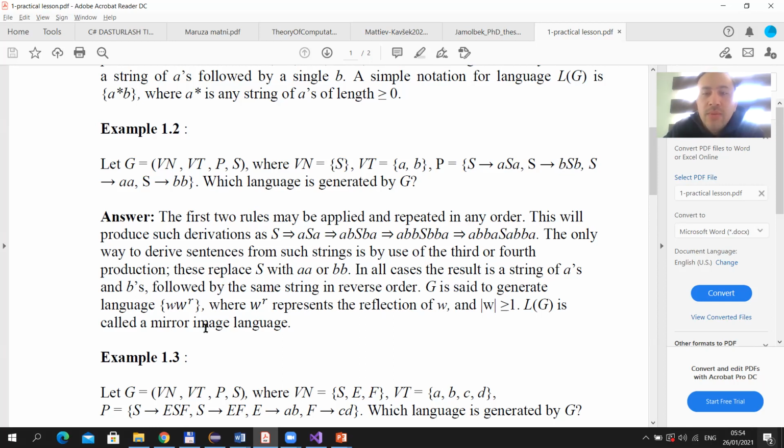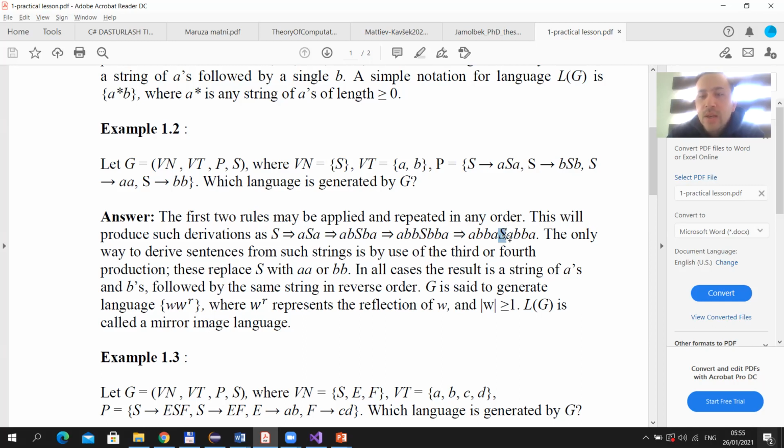So at home, if you want, you can also make other sentences. We have 4 rules, and we tried to consider all the combinations, ASA and BSB, and then at the end we can finish with, for example, AA or BB.